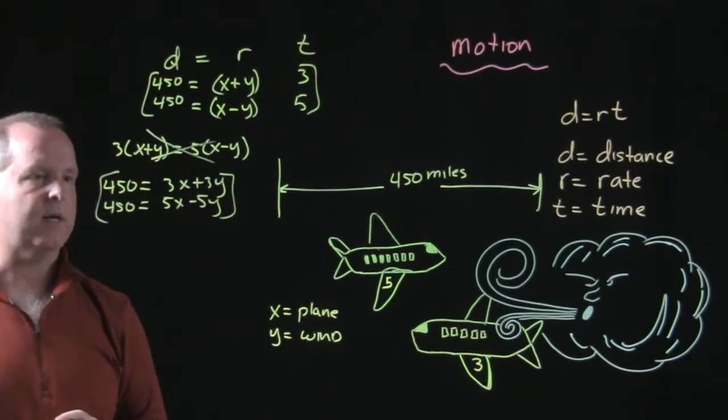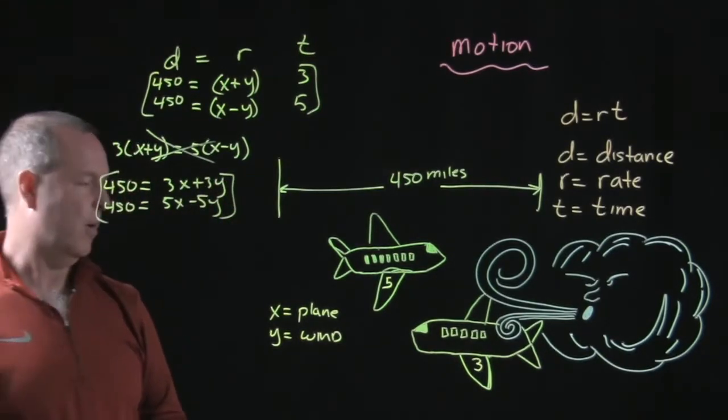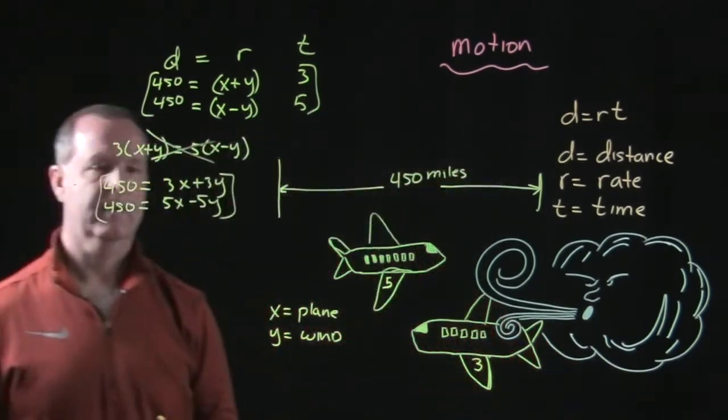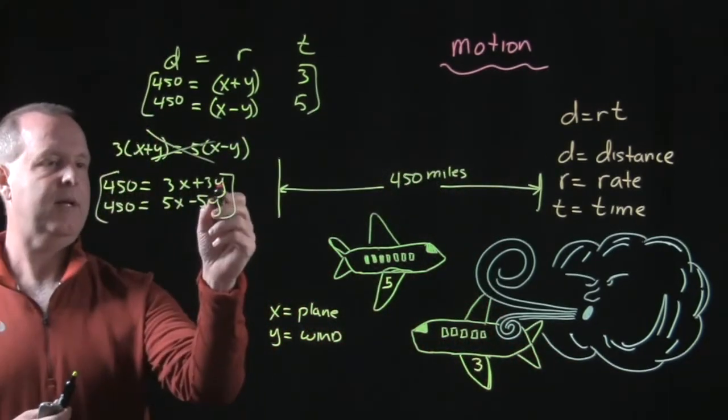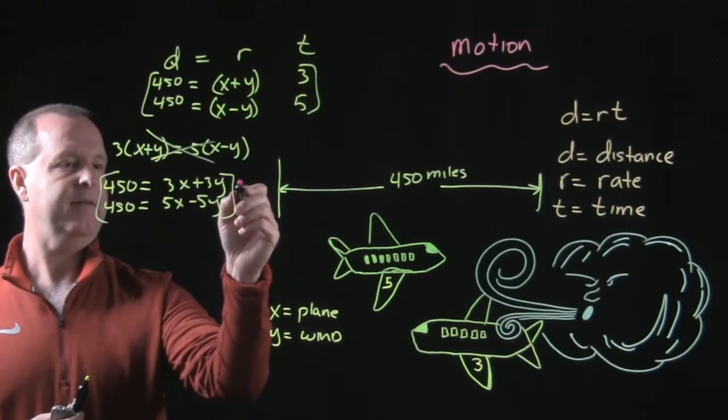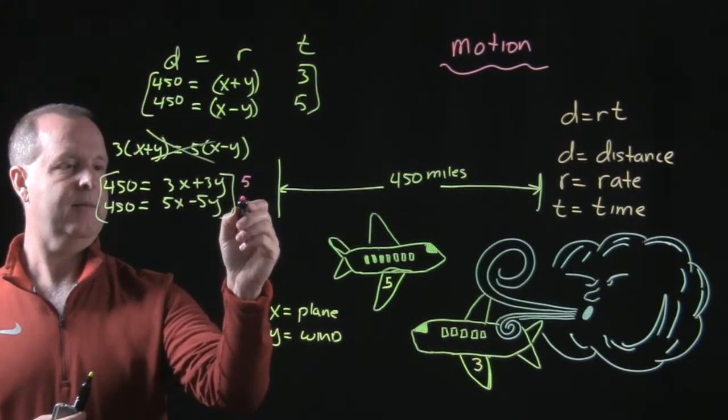2 equations, 2 unknowns. Now let's scale them both so we can get a variable to drop out. So let's multiply the top by a 5 and the bottom by a 3.